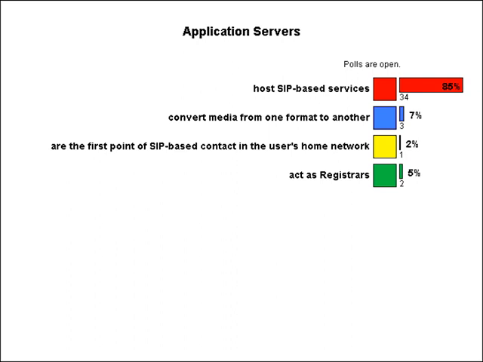Okay, the first IMS contact, that is the proxy CSCF, and in the home network it is the interrogating CSCF. And who will act as registrar? That would be the serving CSCF, because the serving CSCF would be authenticating the user for IMS services.